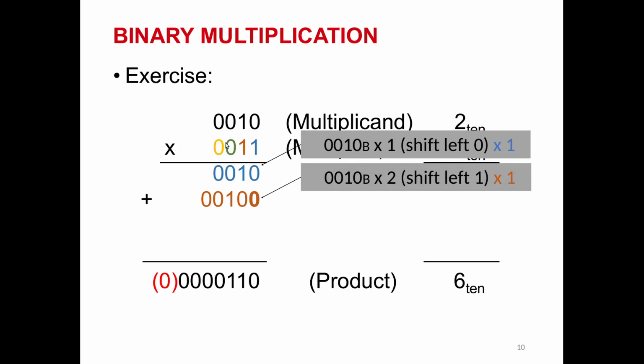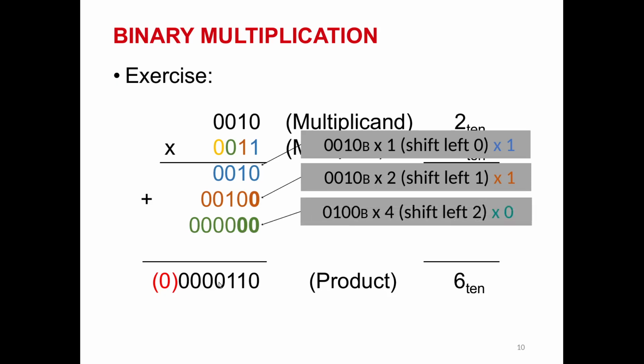After that, this value of 0 multiply with this multiplicand, and we have this 0 value, and if we add this 0 value together with the product it doesn't change at all, and so we still have this value.